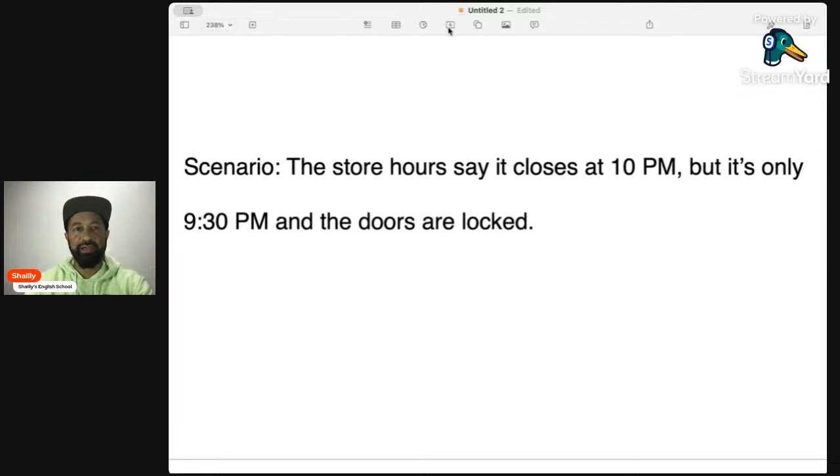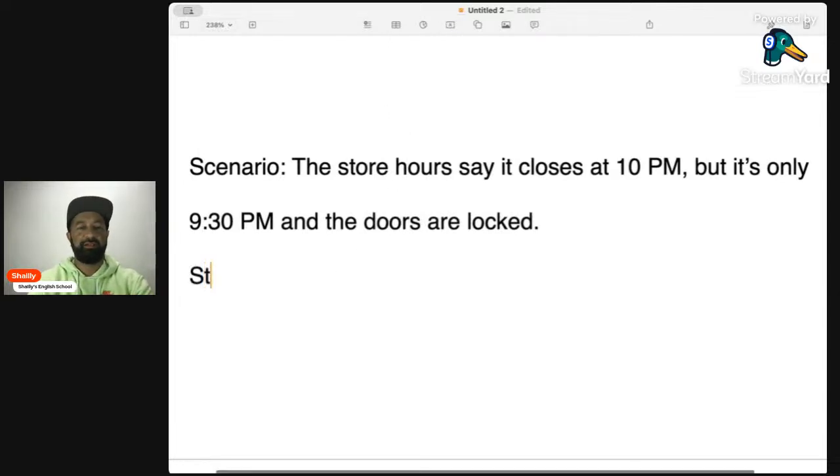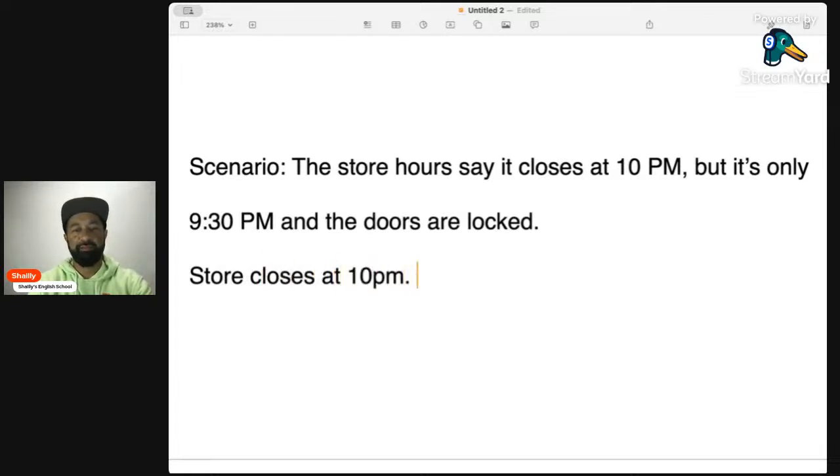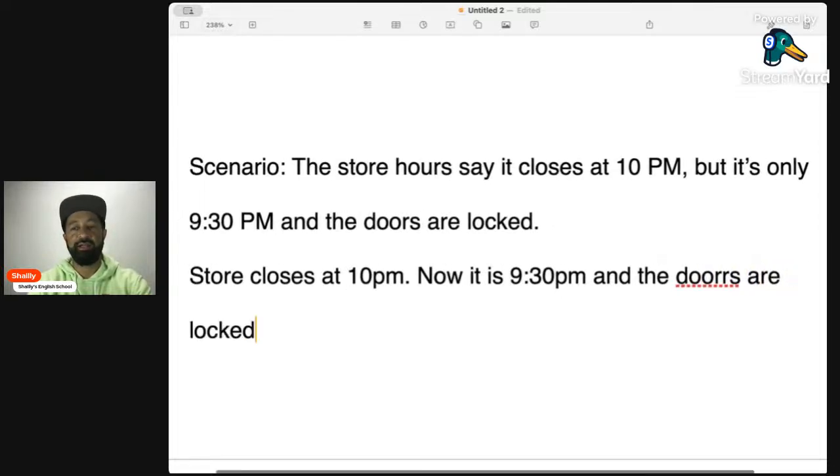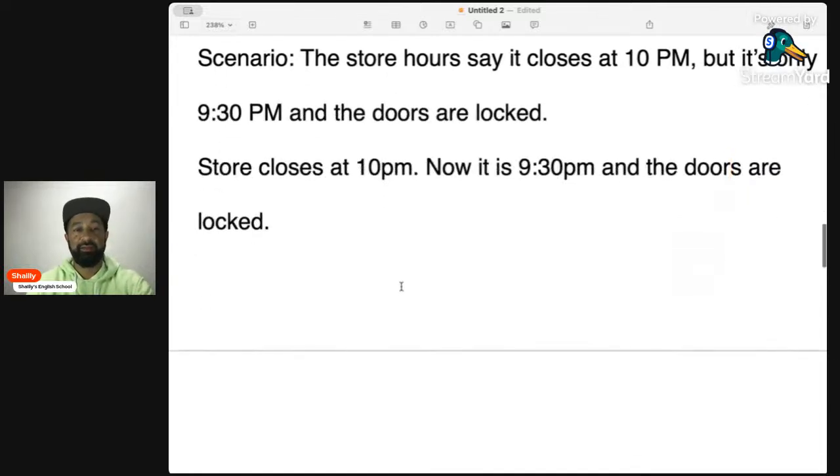So the store closes at 10 p.m., but now it is 9:30 p.m. and the doors are locked. Okay, so this is strange. This is strange because the doors shouldn't be locked because closing time is 10 p.m. So in this situation, we would make a be supposed to sentence.